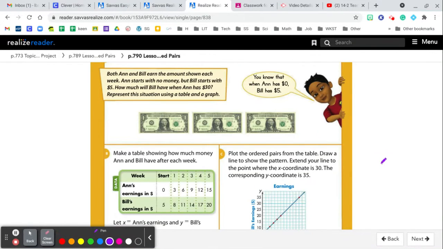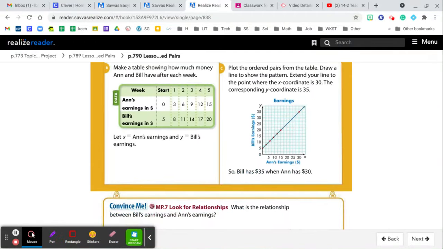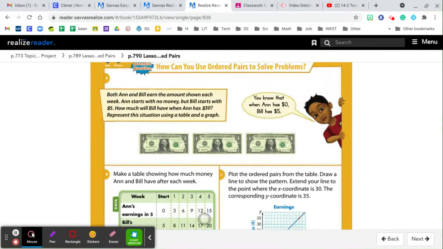They're each increasing by the same amount. I missed that. They have the same amount each week they're going to increase.